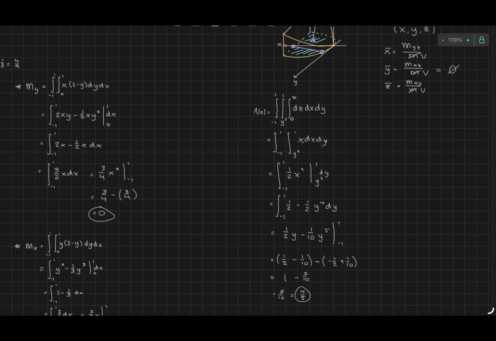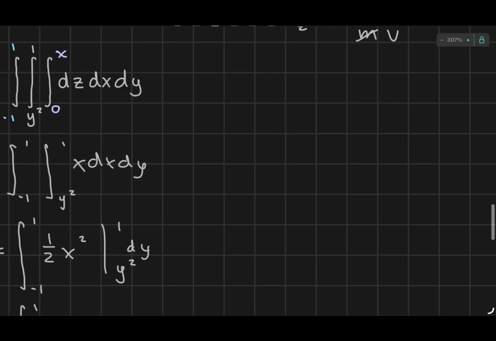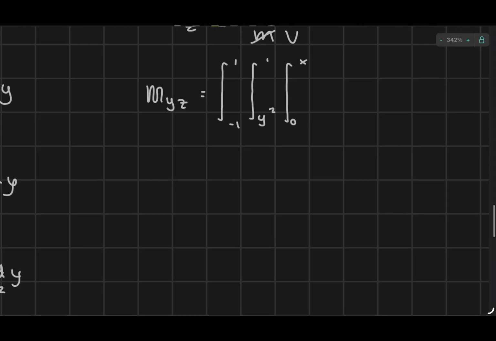Let's go ahead and solve for our m of y, z, our moment with respect to y and z. Same bounds here. This time we are going to be integrating with x, dz, dx, dy.